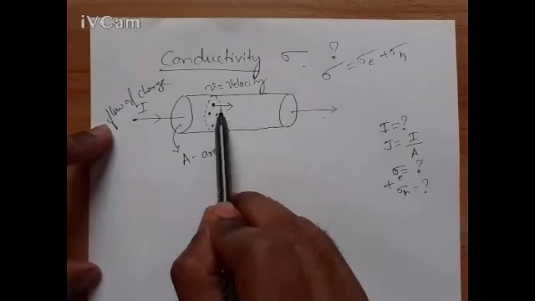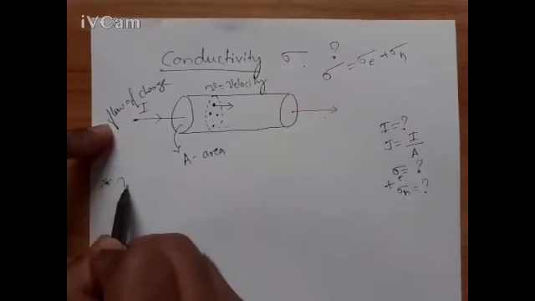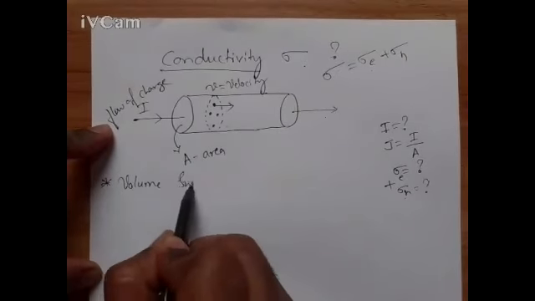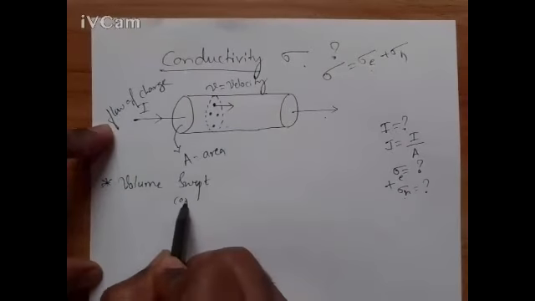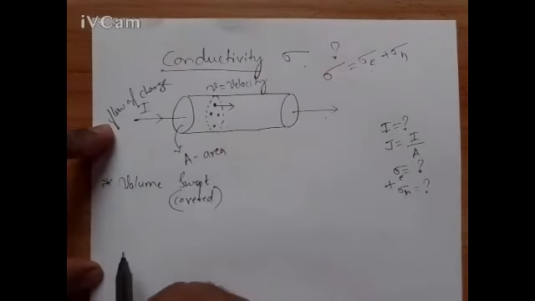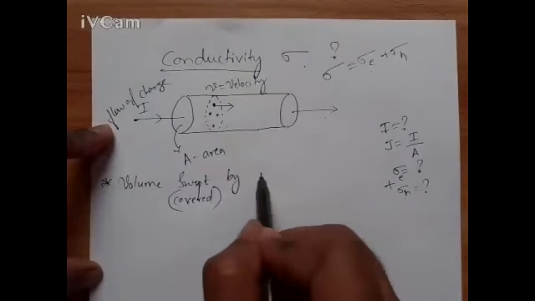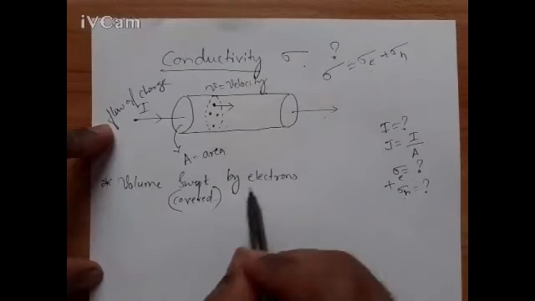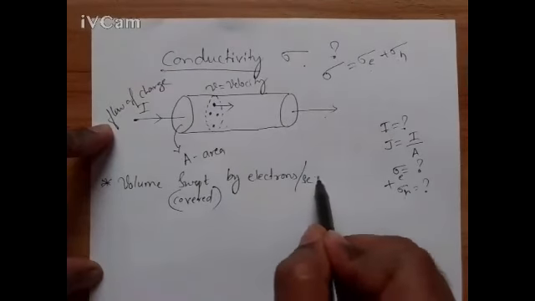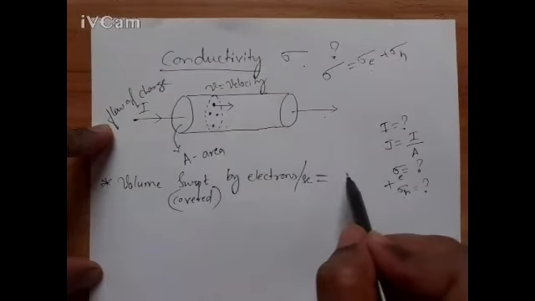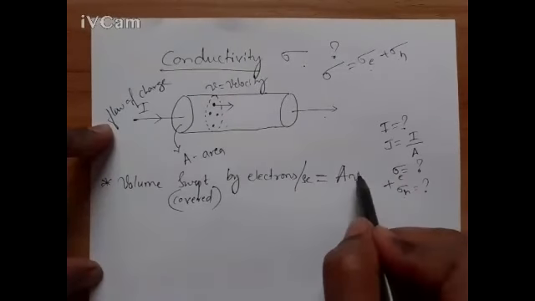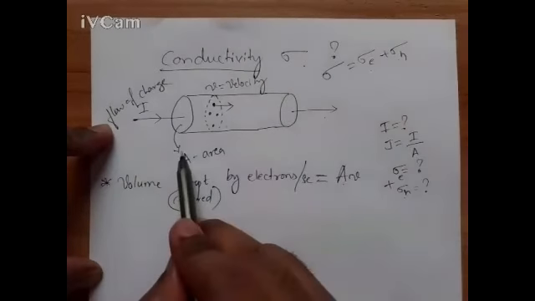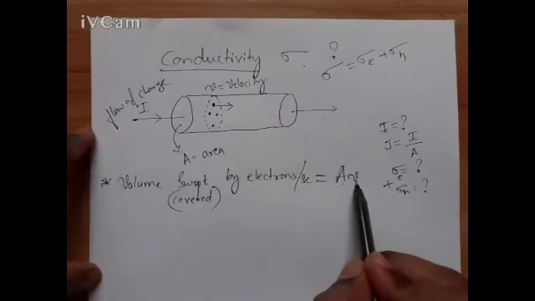So the volume swept, the volume covered by electrons per second, is A into V. What is A? A is the cross-sectional area. What is V? V is the velocity.